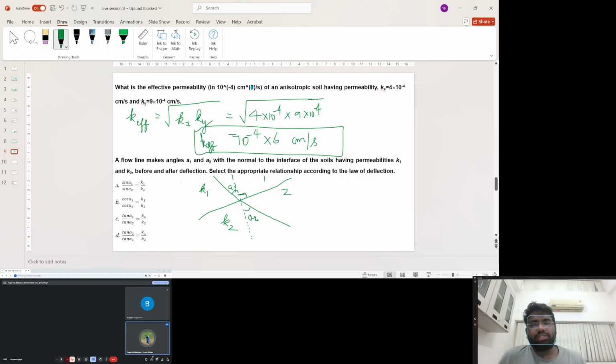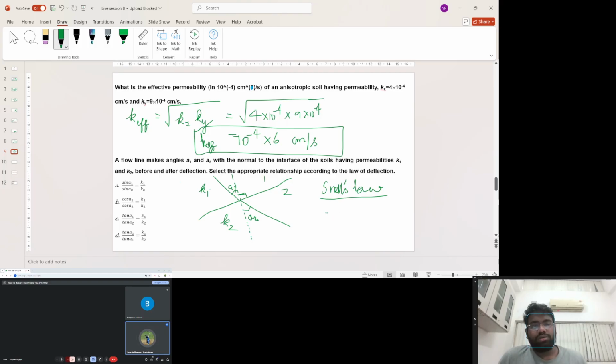Now this is similar to Snell's law which we have studied in our higher secondary physics. So it is similar to the incident line and refracted line having different refractive indices, right?